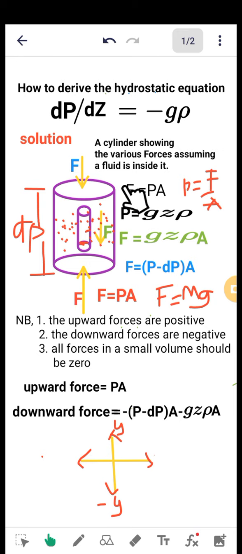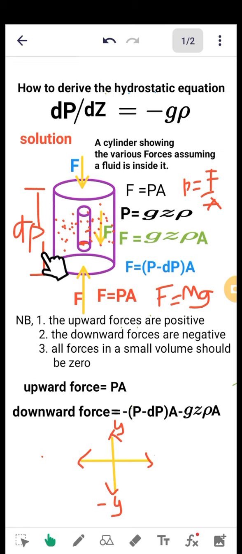So substituting my pressure into this formula, we get the gravity times the z times rho times my surface area. The blue force here is the force due to this change.